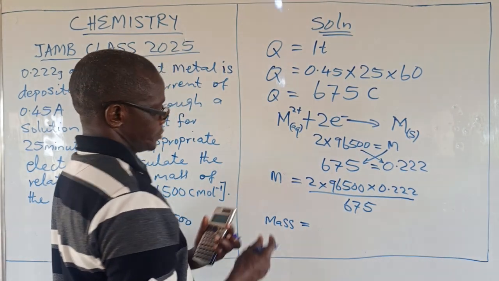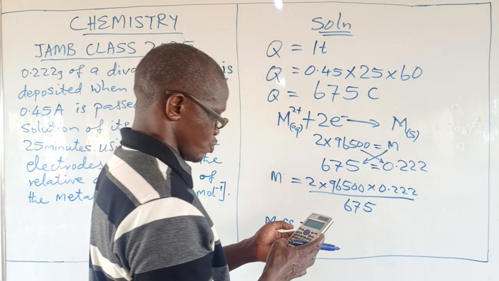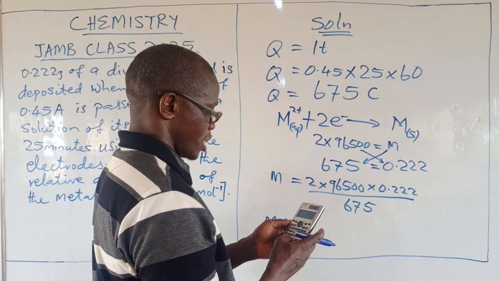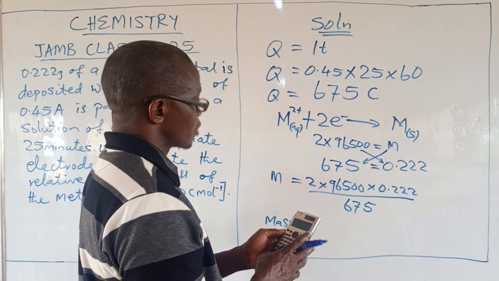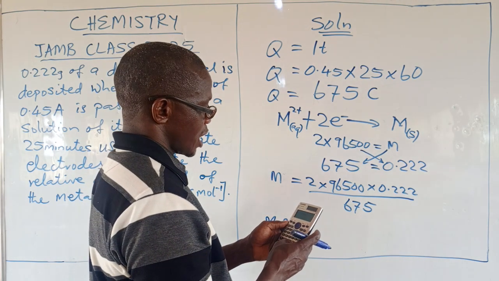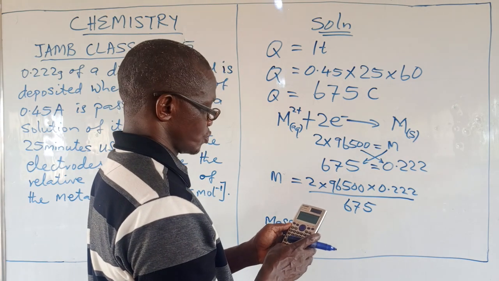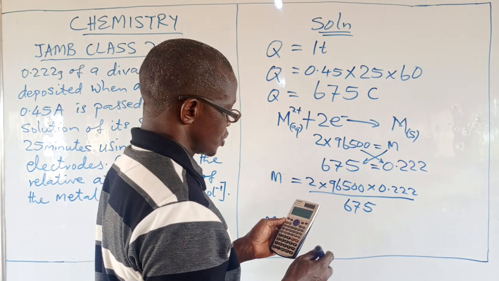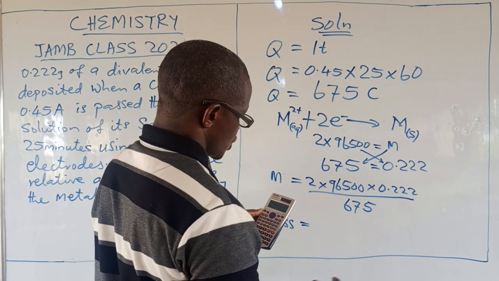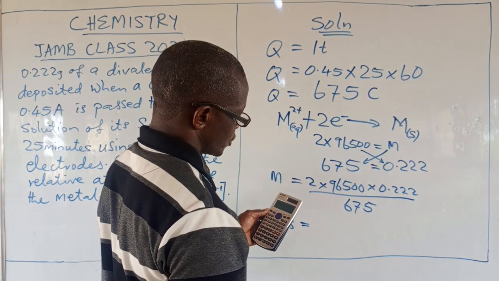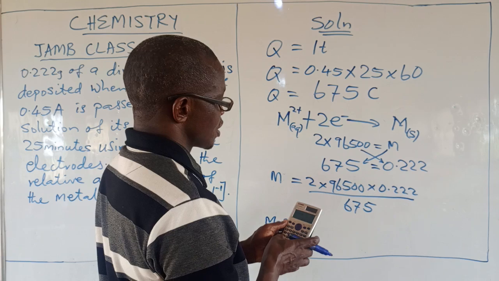My mass now will be, let me calculate it, 2 times 96500 times 0.222. That gives me 42846. Divide that by 675.